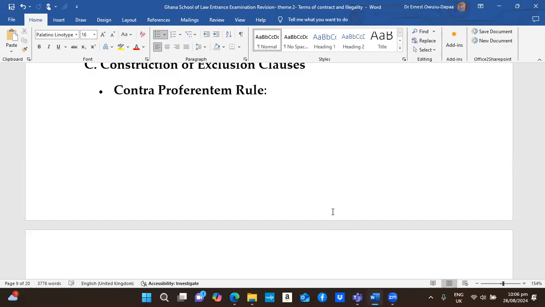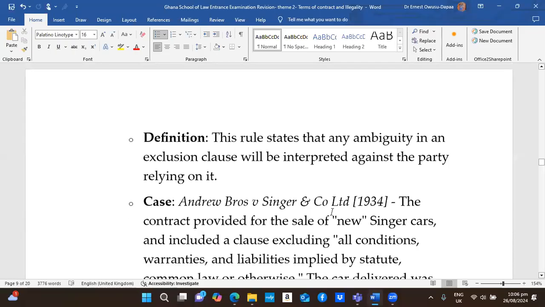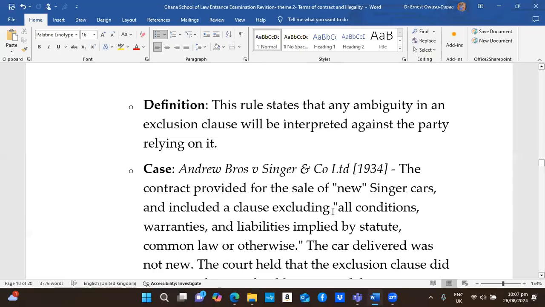So we have the well-known contra proferentem rule. The contra proferentem rule simply means that any ambiguity in an exclusion clause will be interpreted against the party relying on it. So if there's ambiguity, if the exclusion clause, for example, can be understood in more than one sense, in two or three or four senses, and one of the meanings is very narrow, and if that is adopted, it's going to be to the disadvantage of whoever was supposed to benefit from the exclusion clause.